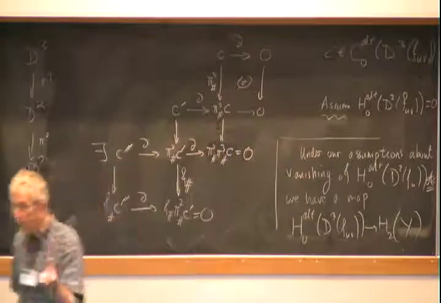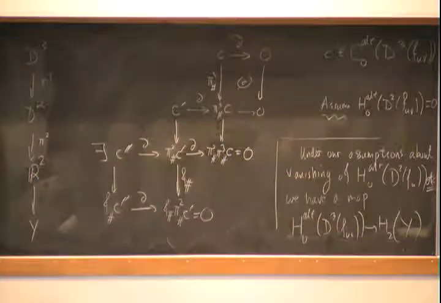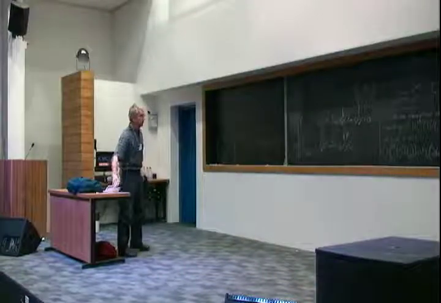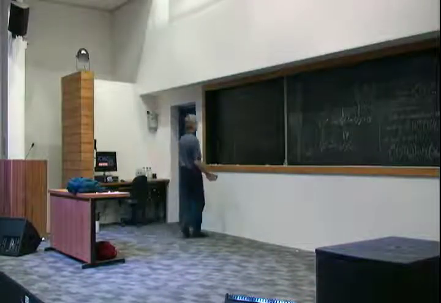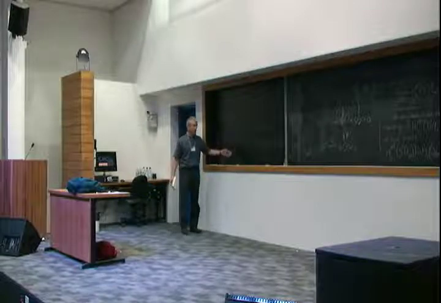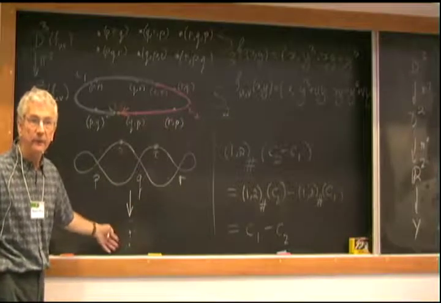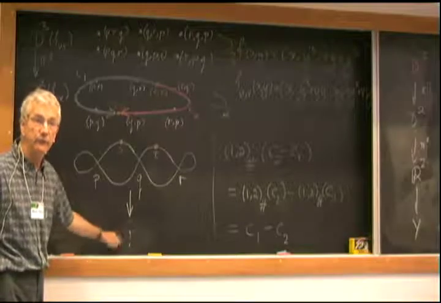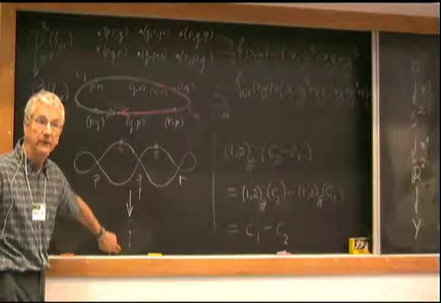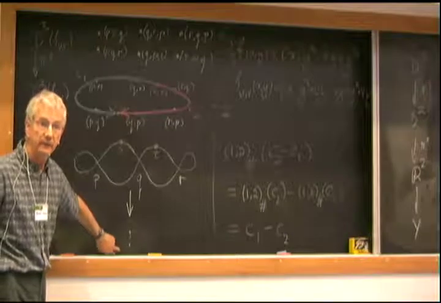And that's where the two cycles in the image come from. One comes from the triple point, and one comes from the alternating cycle on D2. So essentially, in a very vague and incomplete way, I've tried to convince you that the alternating homology gives rise to two different homology classes in H2 here, and that's the correct statement.